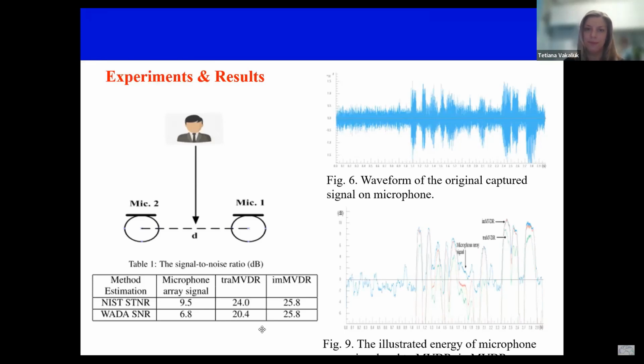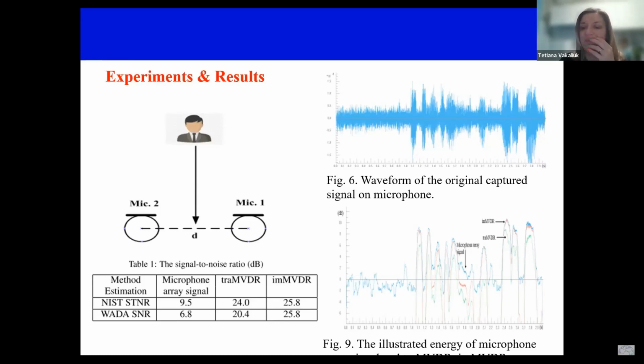As we can see, the waveform of the original captured signal on the microphone, the presented energy of the microphone array signal, and the signal processed by the traditional MVDR beamformer and the proposed method, EM MVDR beamformer.